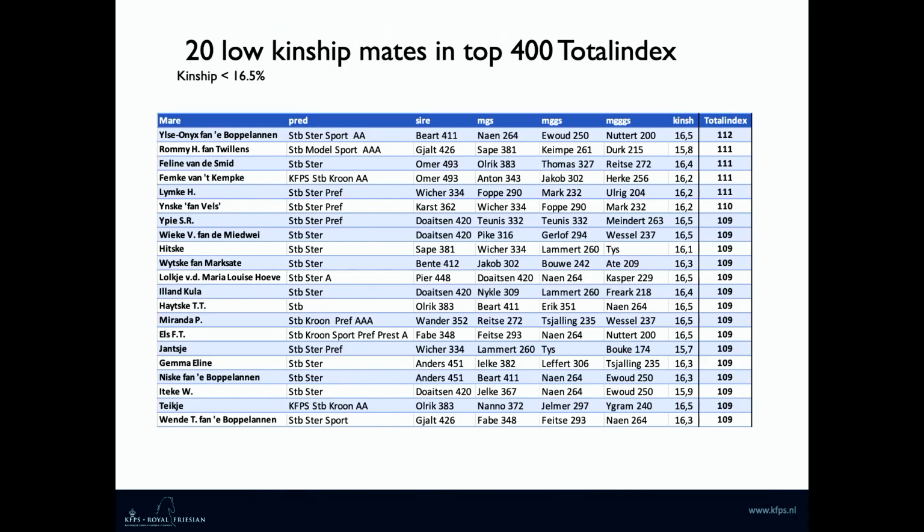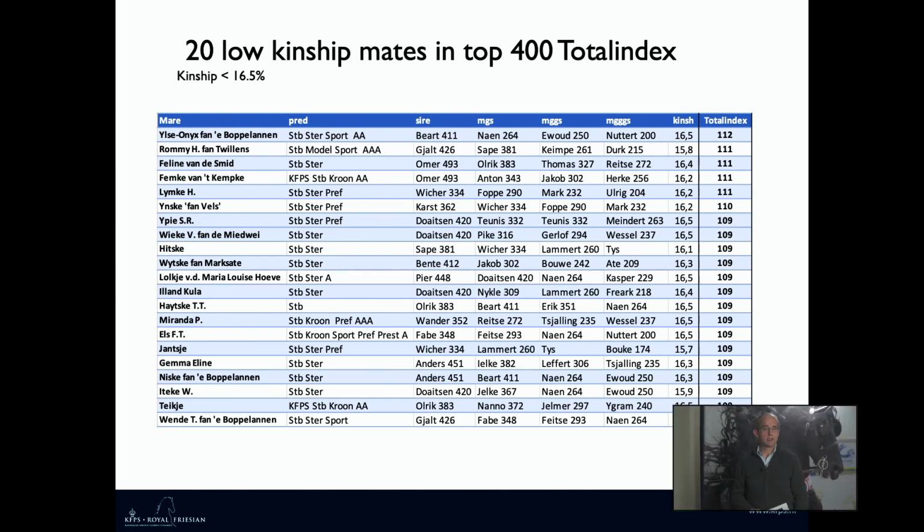Well, you could also make other rankings, and I've seen on Facebook that we publish those top lists in Excel, so everybody can make his or her own rankings. And an interesting ranking is if you look, for instance, at the low kinship mares within the top 400 total index.